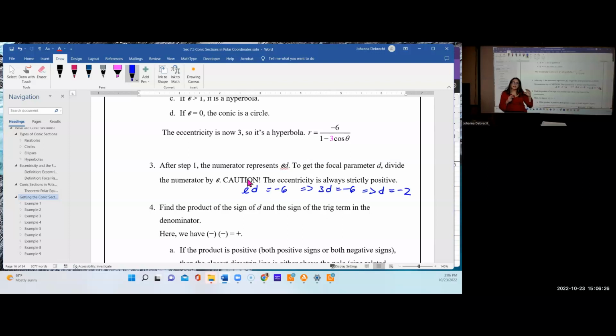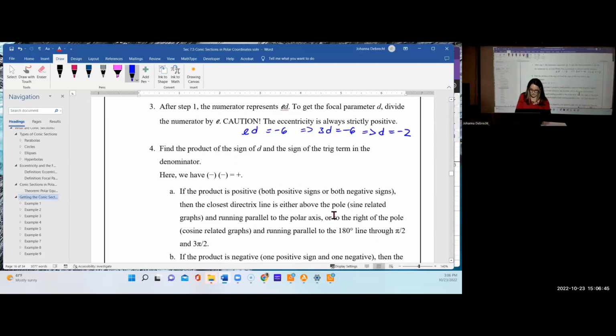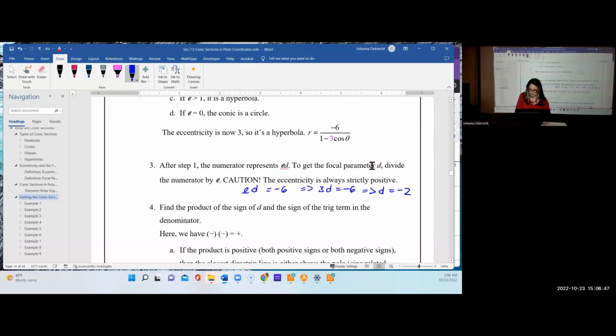But the sign is going to help me locate that directrix line in relation to the focus point at the pole. So the next step is to take the sign of the focal parameter, the distance from the focus to the directrix line, and compare it to the sign in the denominator. Now this is a negative and that's a negative, and the negative in the numerator is coming from the focal parameter.